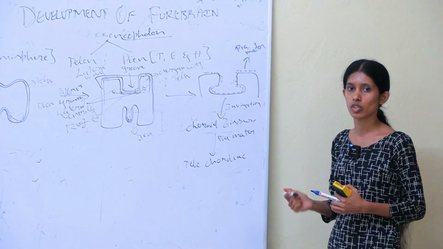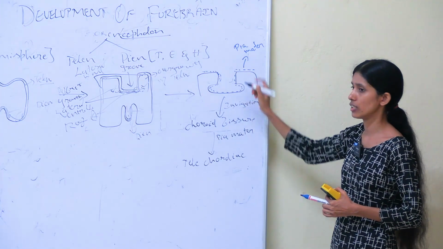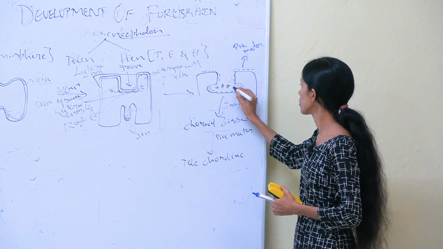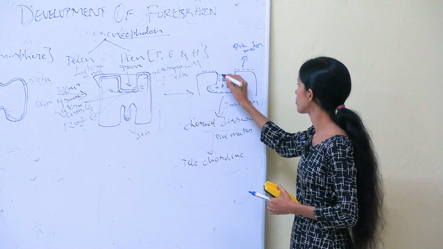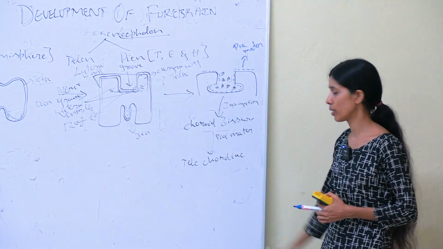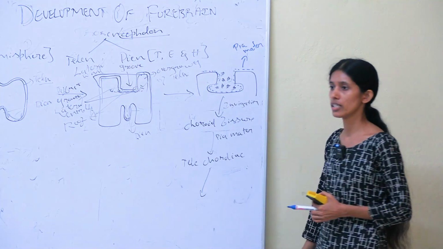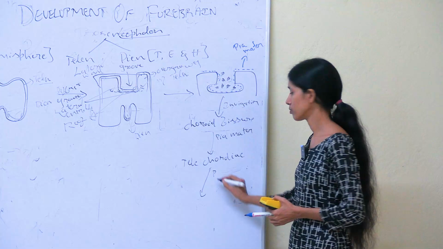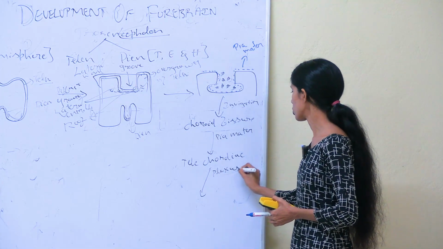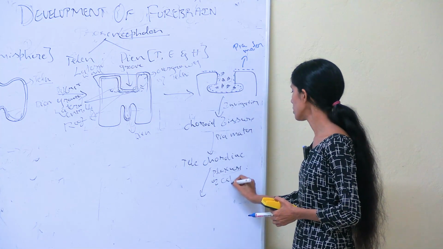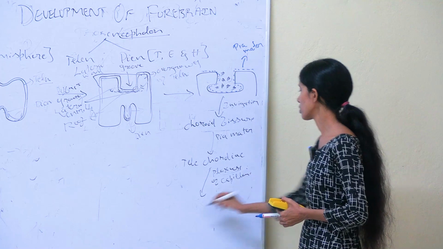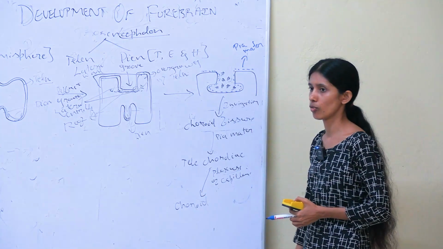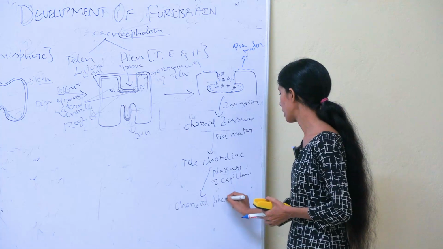Later in the process of development, your telecardia region is filled with a plexus of capillaries. Once the telecardia is filled with the plexus of capillaries, it is called the choroid plexus.